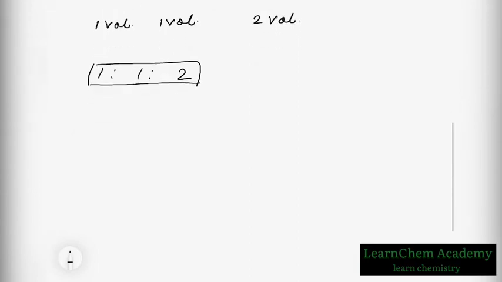If we write another example, nitrogen reacts with hydrogen and forms ammonia. Okay, so here if we balance this equation, 1 mole of nitrogen reacts with 3 moles of hydrogen and they form 2 moles of ammonia.